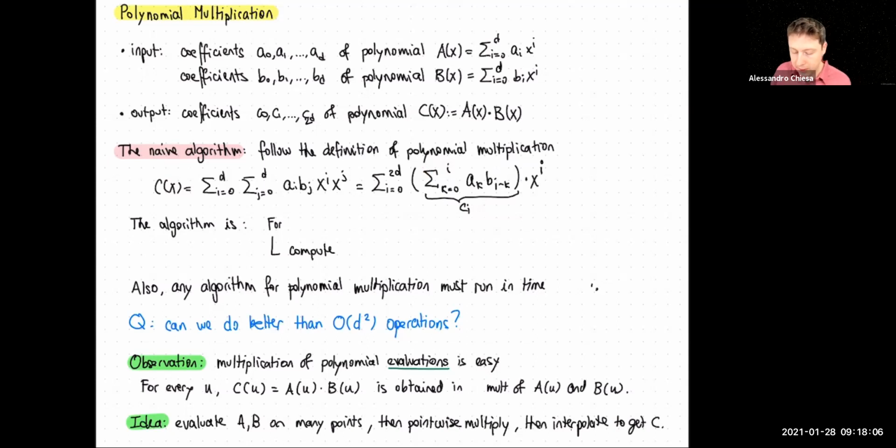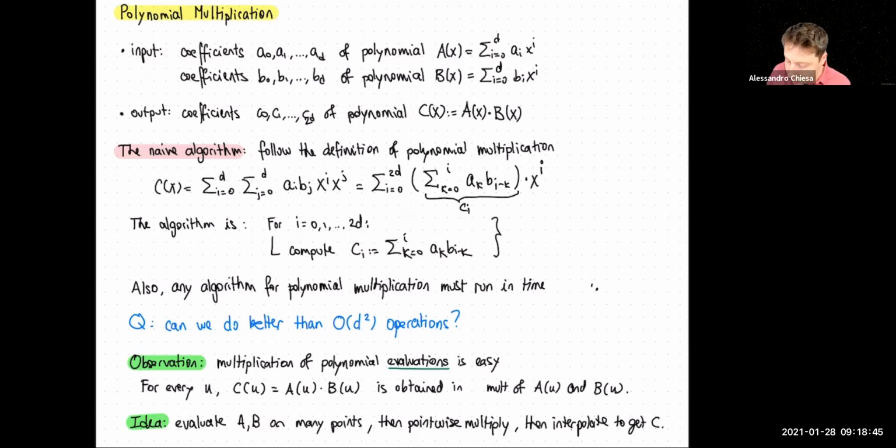So the naive algorithm would say for i equal 0, 1, all the way up to 2d, we're going to compute ci, which is that expression contained in the parenthesis up there. So that's what I mean by we just take the definition and turn it into an algorithm, right?